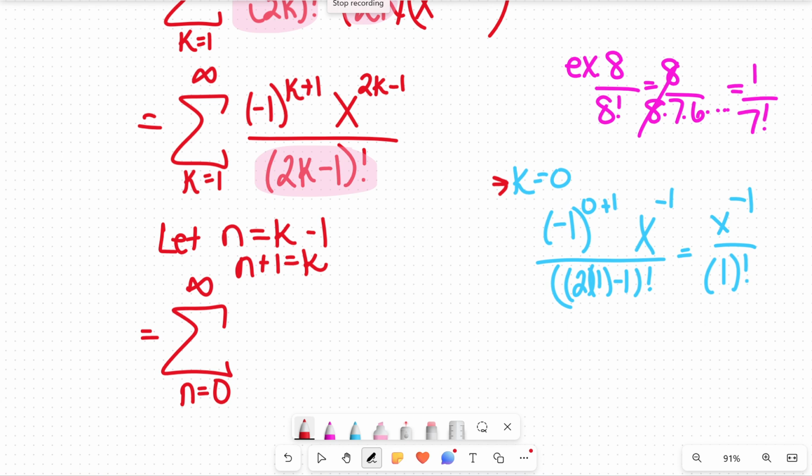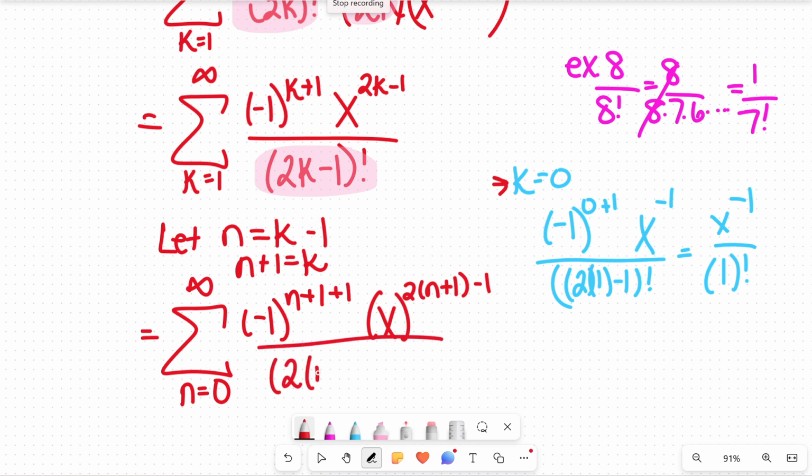So now I'm just going to take all of my k's and change it to an n plus 1. So I have negative 1 to the n plus 1 power, and then I'm going to have x to the 2 times n plus 1 minus 1 all over 2 times n plus 1 minus 1 factorial.